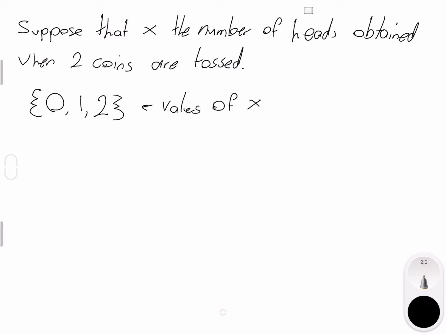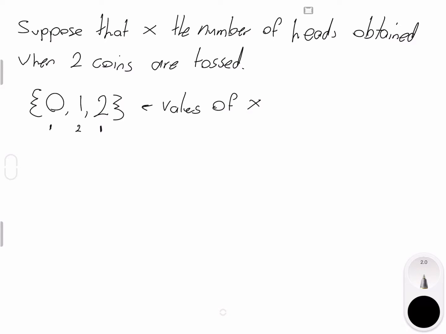What are the corresponding probabilities of each of these? Well, if we think about it, there's 1 chance of this one happening, 2 chances of this one happening, because the first one could be heads and the second tails, or the first tails and the second heads, and there's 1 chance of this happening.